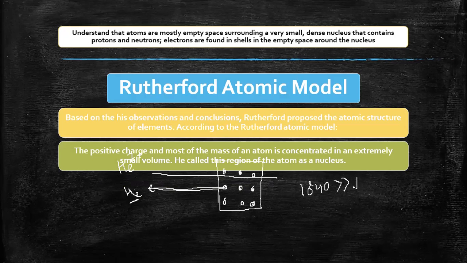It means 1840 electrons will become equal to 1 proton. That is the reason the overall mass of the atom is congested in the nucleus, which contains positive charge.